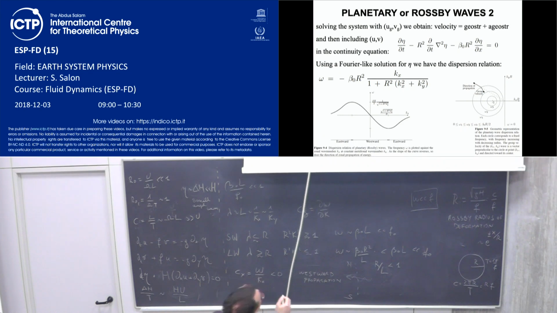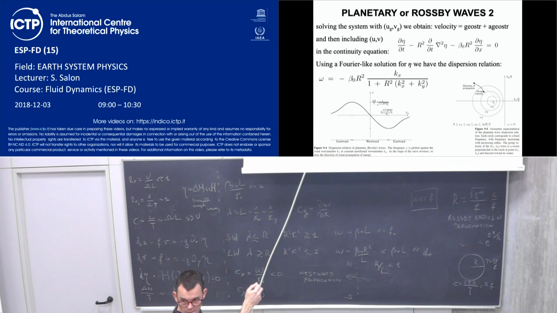So it means that when k is close to 0, k very small means large wavelength, so the largest wavelengths will travel westward. Shorter wavelengths will travel eastward.